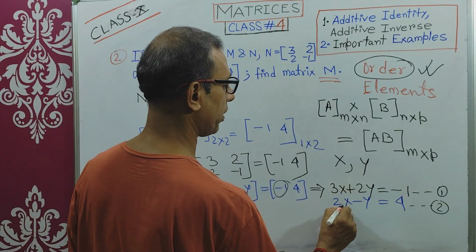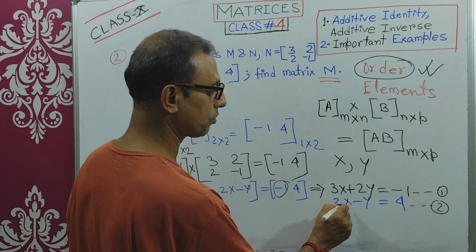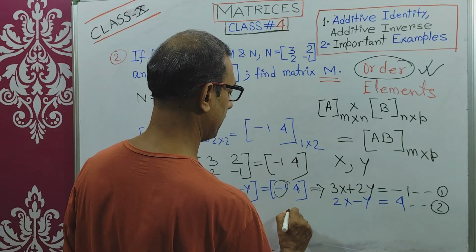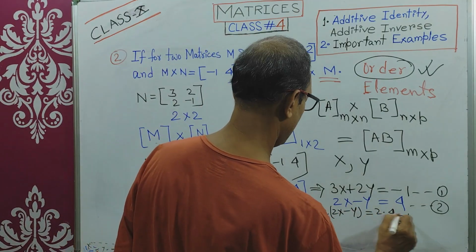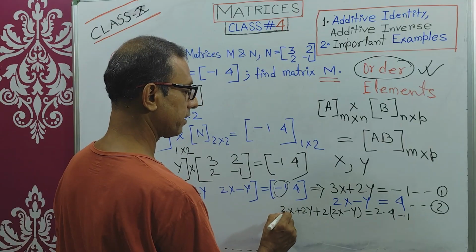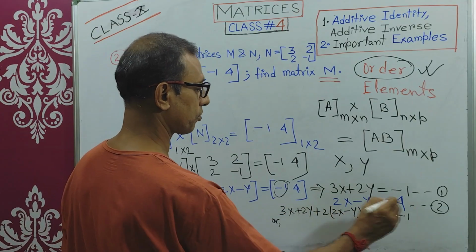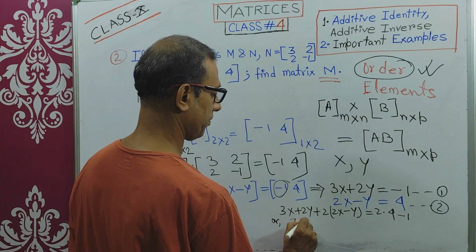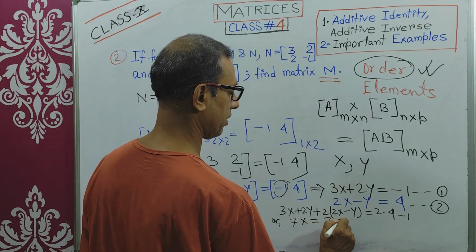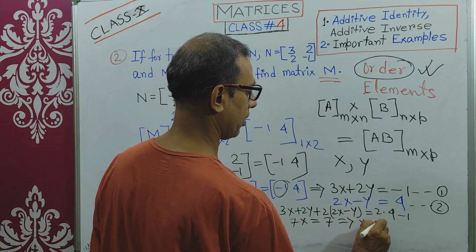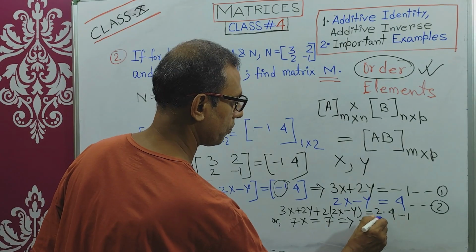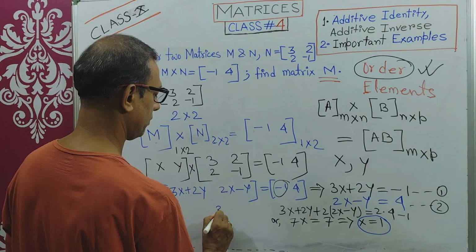So for 3x plus 2y, if you multiply the second equation by 2 and then add, that means 3x plus 4x, 7x equals 7. That means 7x equals 7, that is x equals 1. So you found one element, x.